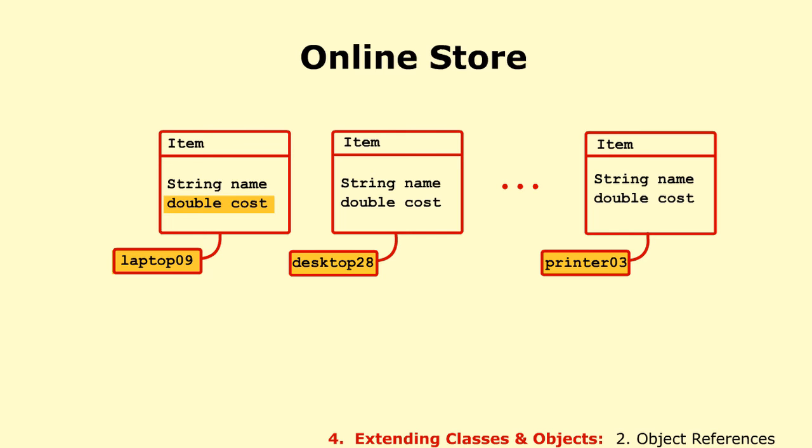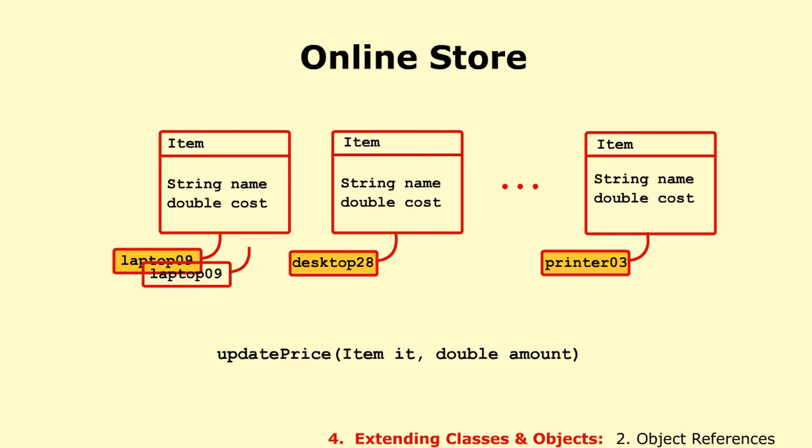Sometimes discounts are offered and sometimes prices on popular items go up. We want to write a method that accepts an item object as a parameter plus a second value representing the price change. The method then updates the price of that item. In reality, we're passing an object reference to the method and not the object itself.